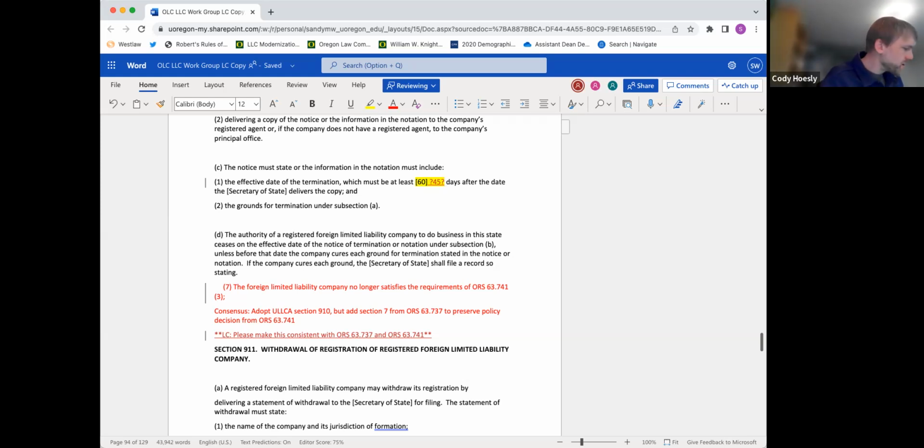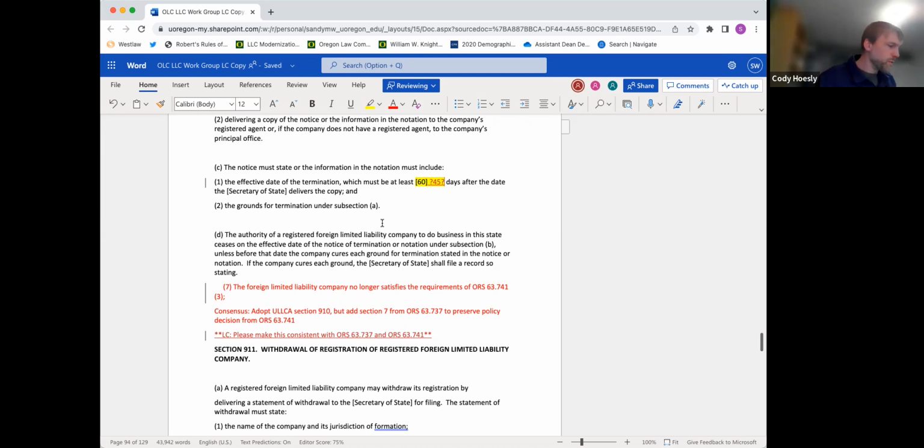I also have a note that we had wanted to add a counterpart here to something similar to section 709 and 710. So, 708 talks about administrative dissolution, 709 talks about how you can get reinstated, and section 710 talks about how you can get review of a reinstatement decision. And here we're talking about termination of registration for a foreign LLC. And there isn't a similar ability to get re-registered or to have a re-registration decision reviewed.